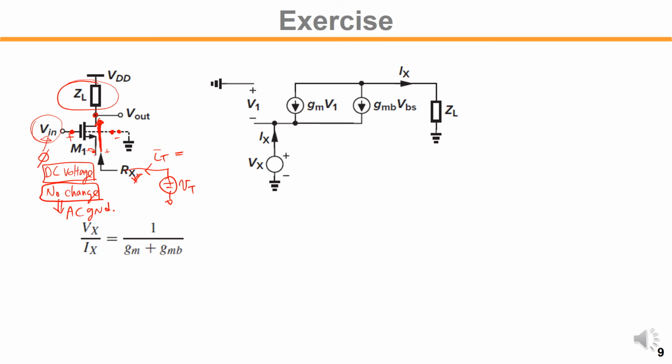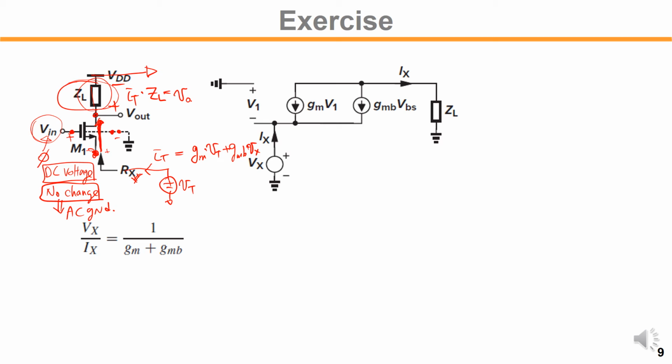This is VT, so GM times VT plus GMB times Vx. This current will eventually go through the GL. The voltage drop across the GL would be IT times GL. That will give us the Vout, because this VDD is tied to AC ground because of no voltage variation.